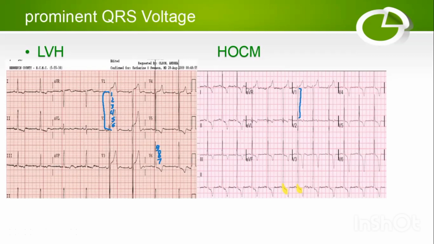If the summation of the voltages of the S wave in V1 and R wave in V6 is more than 7 large squares, plus deep inverted T waves plus ST segment depression, it is diagnostic of HOCM on ECG. HOCM is associated with young death.